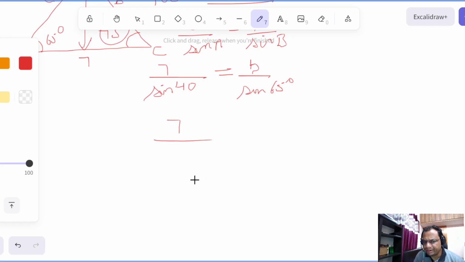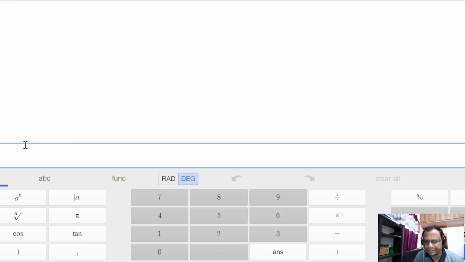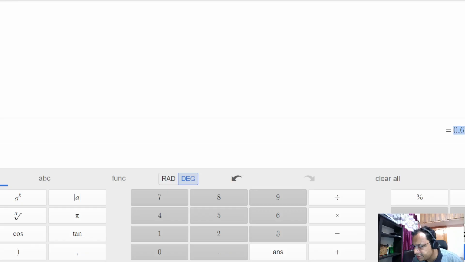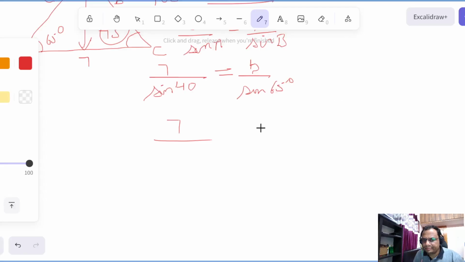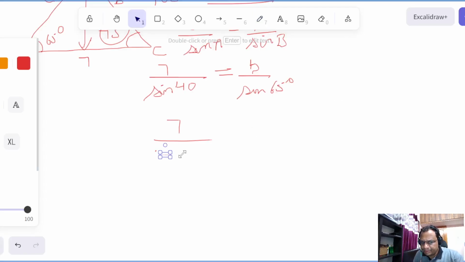The sine 40, how much is it? Let's type sine 40 and then close the bracket, enter. It came out to be 0.642. Let's copy that and paste here. It came. Yes, this is the value.